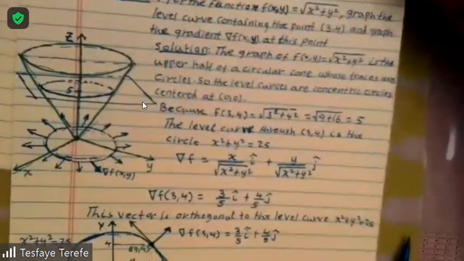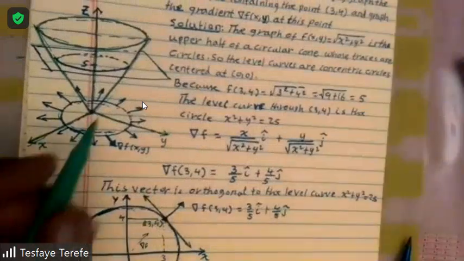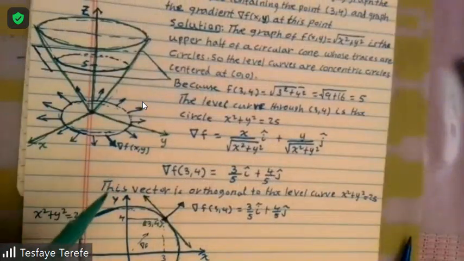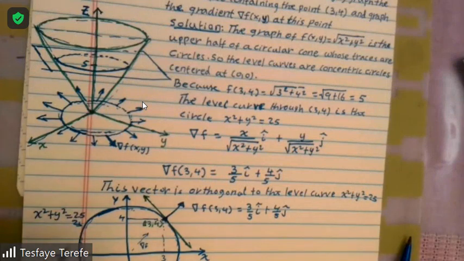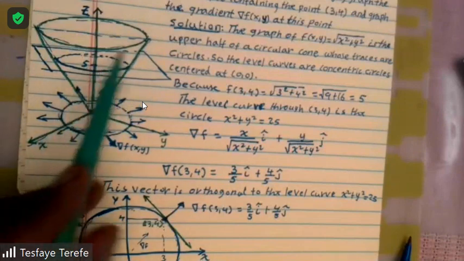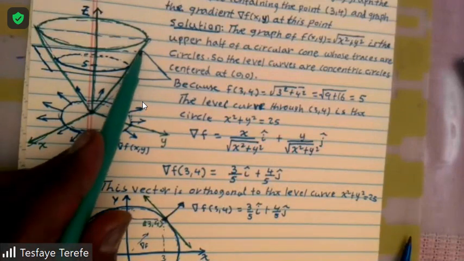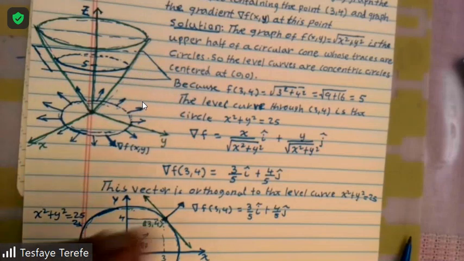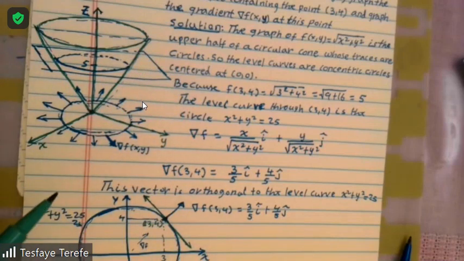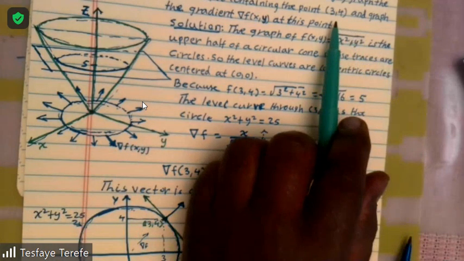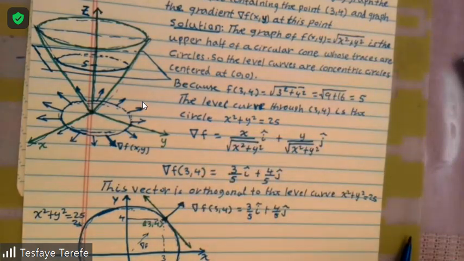So what we have done is we have this cone, and we are asked to find the level curve containing 3, 4. The level curve on the surface is going to be actually the plane which is parallel to the xy plane at the value of z equals that constant, and that constant is achieved by plugging in 3, 4, and that is 5.